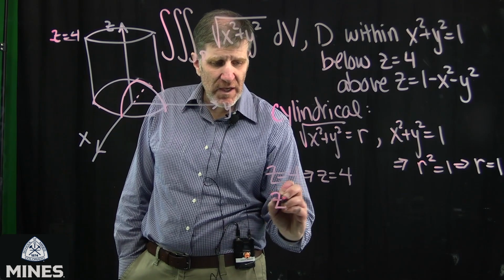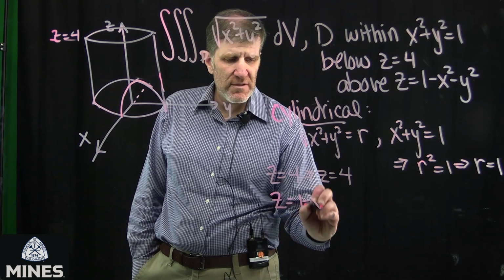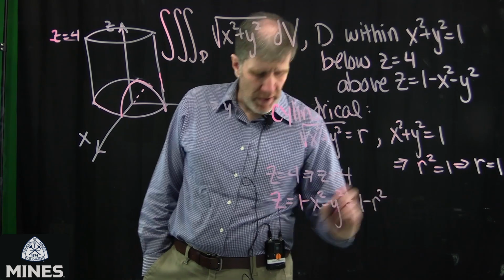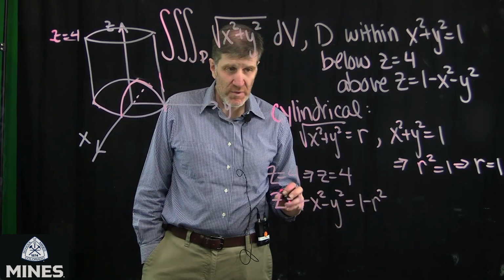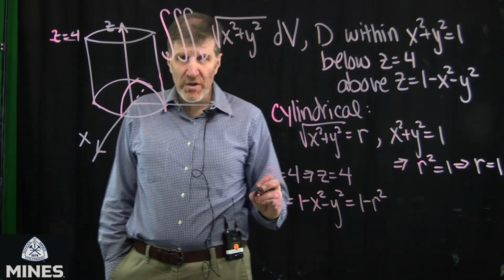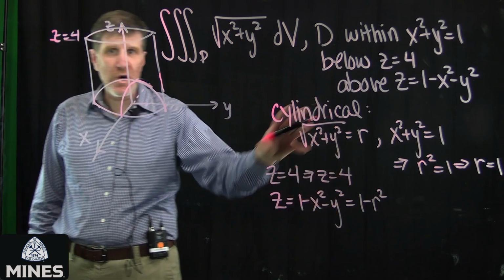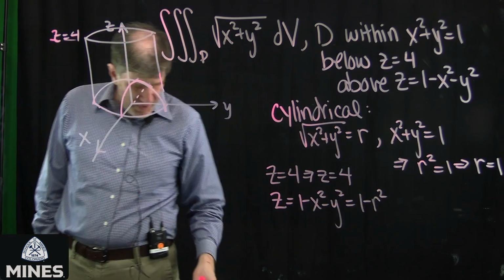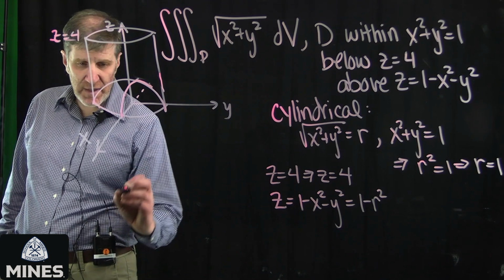And then we have the paraboloid, 1 minus x squared minus y squared. That's 1 minus r squared for the bottom of this solid. With all of that, with this work on describing this region and this solid, we can set up the integral.